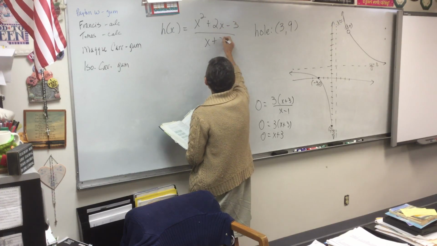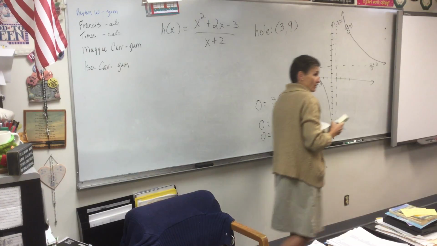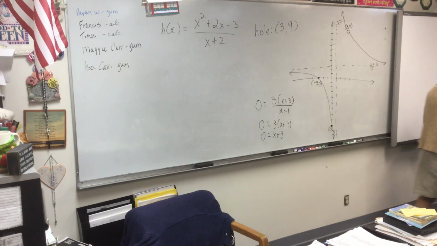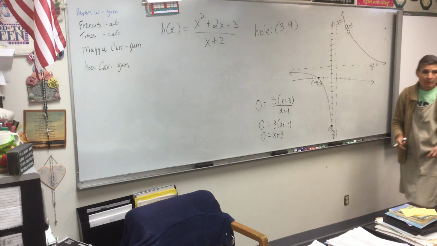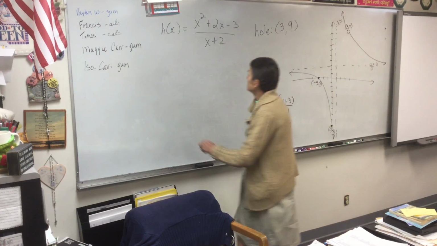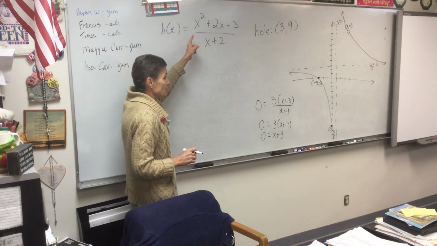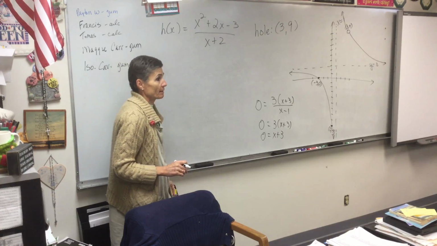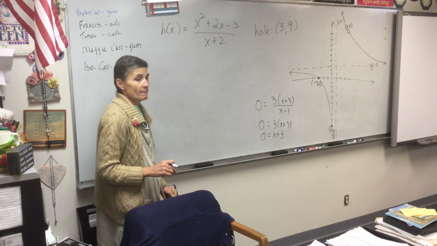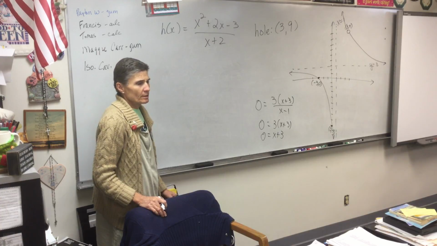I mean, it looks kind of about the same thing, but there's a difference here. Anybody see what it is? The power on the top is bigger than the power on the bottom. Okay, now wait a minute. What implication does that have?